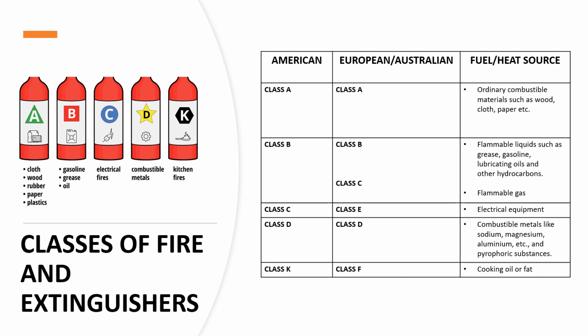For example, class A fire extinguishers are usually used to extinguish fires on materials such as wood, cloth, and paper. And class B and C extinguishers are used to extinguish flammable liquids such as grease, gasoline, lubricants, and everything.